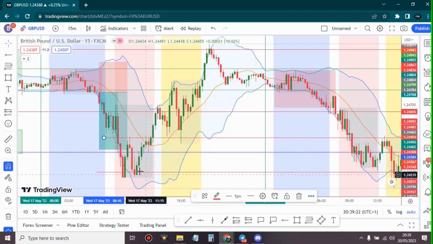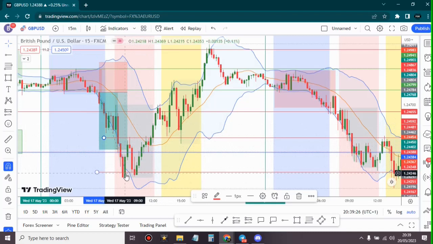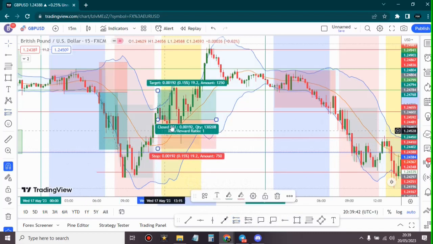So if the market bounces back, forms a double bottom formation and starts trying to move in the bullish direction, and I see a strong breakout of this pattern with a strong candle like this, I may decide to go in for a buy at this area, if you know what I'm saying.